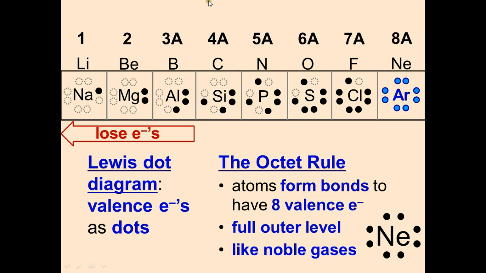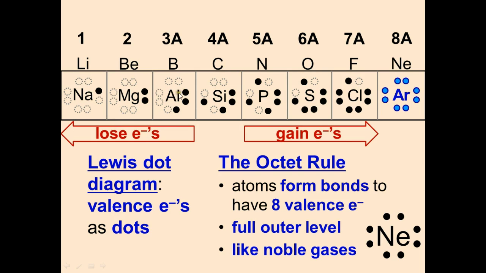And so to get to 8, some elements lose and some elements gain electrons. And depending on which columns they are in, we can know if they're going to lose or gain. So the first 3 columns want to lose electrons because it's easier to lose 1, 2, or 3 electrons than to gain 7, 6, or 5 electrons.